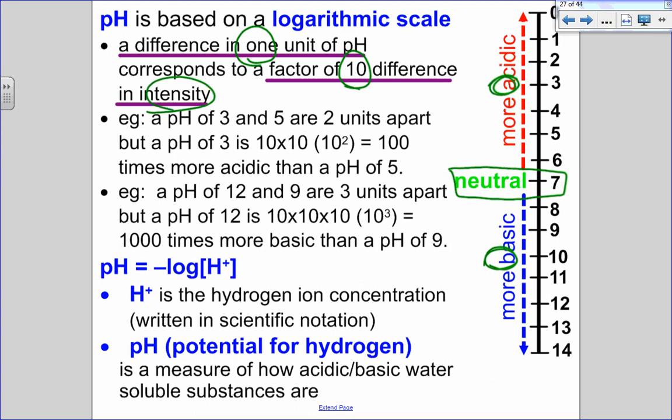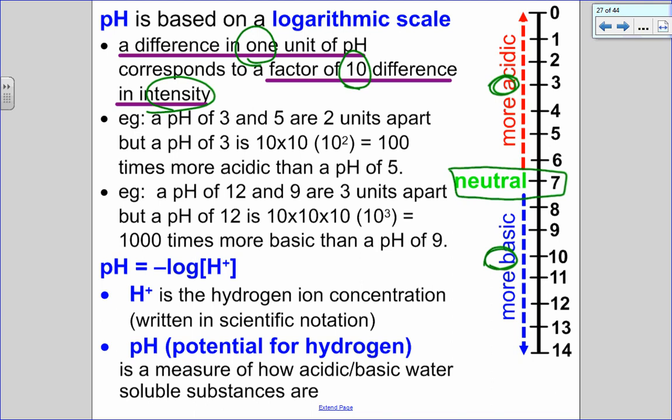Now pH is a little bit different than all the other ones because it's split into two parts, acidic and basic. So in the top part of my number line, going from 7 down to 0, the smaller the number, the more acidic. In the second part of the number line, anything above 7 as I go up to 14 becomes more basic. So it's kind of going from opposite directions from 7.